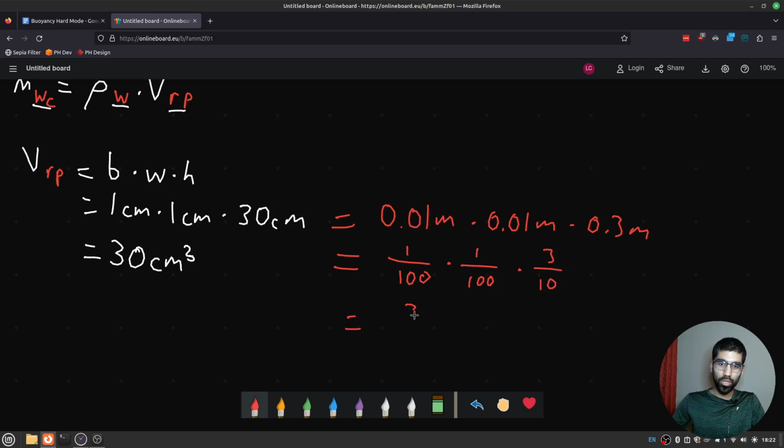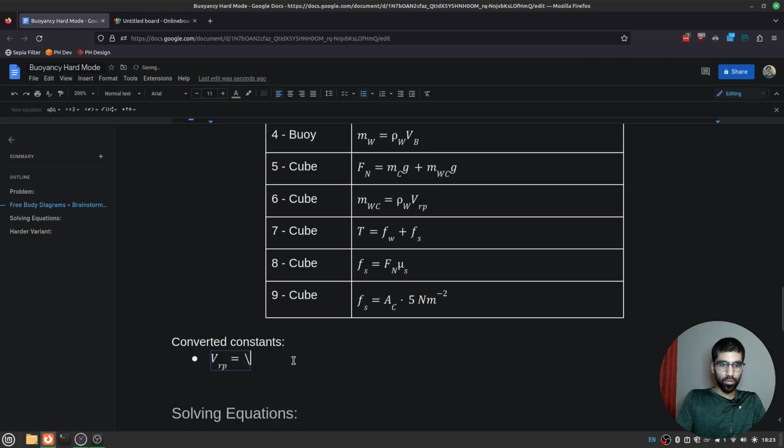That's equal to 3 over 100, add a 0, add 2 more zeros. So 300 thousandths of, these are meters times meters times meters, so cubic meters. So I'll just note that down. So this is going to be equal to 300 thousandths of a cubic meter.